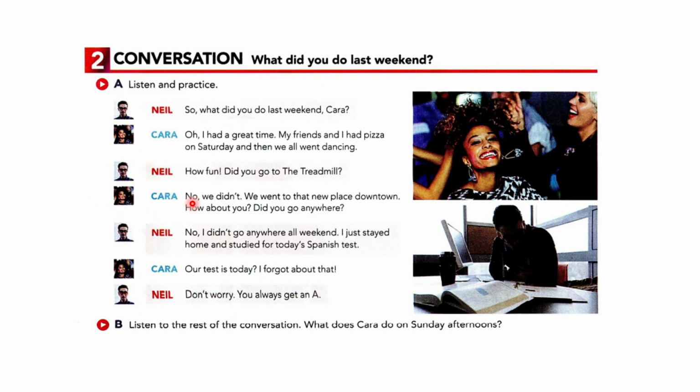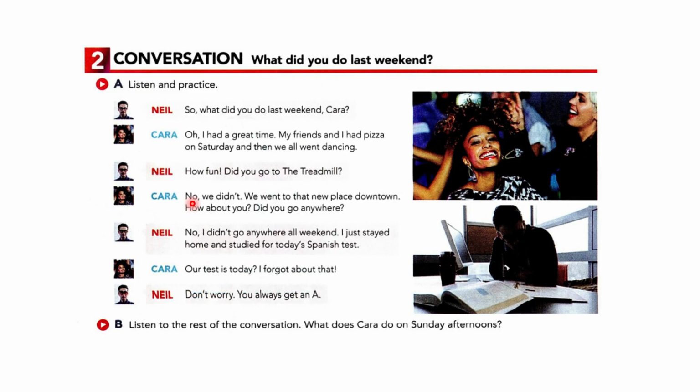See, until Angela, She could you please Okay, continue? Yes, he until not do it. okay. Okay. No, we didn't. We went to the new place No, we downtown. didn't. How We about went to you? the Did new you go place anywhere? downtown. How about you? Did you no, go I anywhere? did go no, I anywhere did on the go weekend. It should anywhere stay. on the weekend.